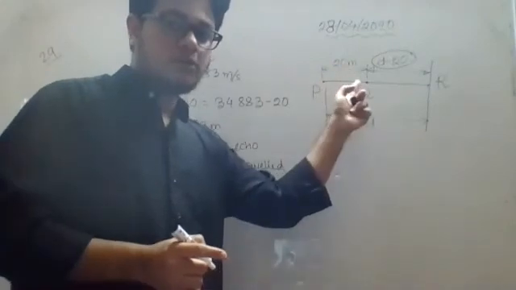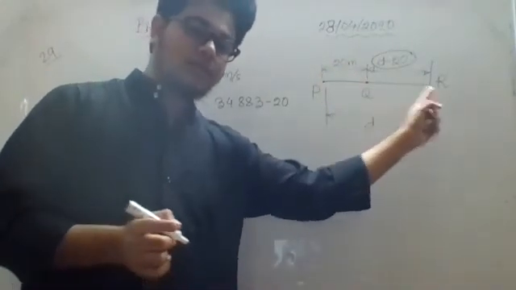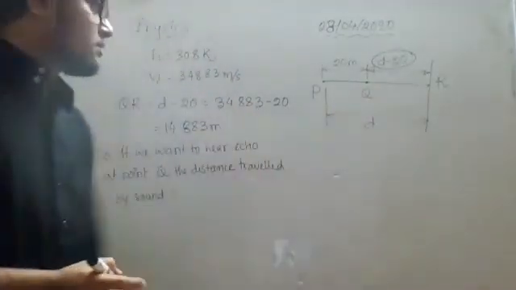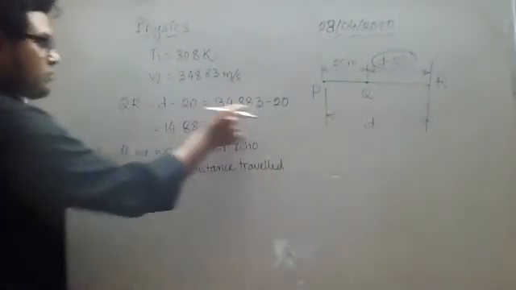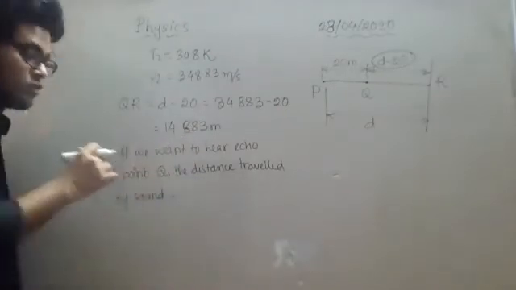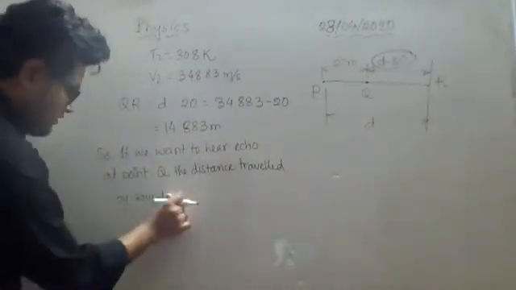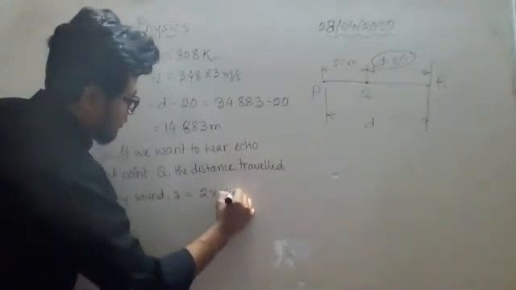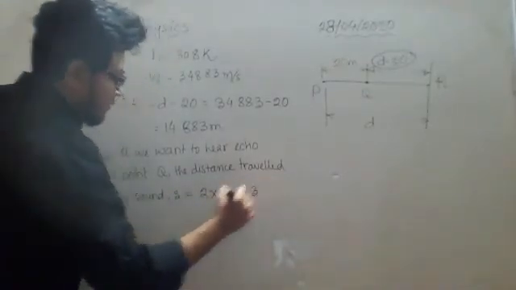From Q to R it has to go once, and then from R it has to come back to Q, so twice this distance. QR we already found, so the distance traveled by the sound is 2 into 14.883. Correct or not?